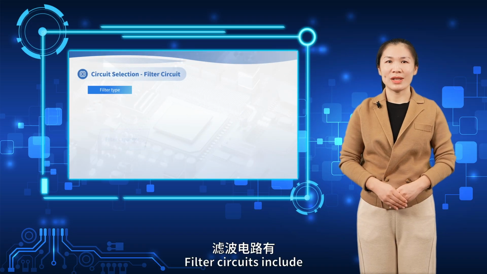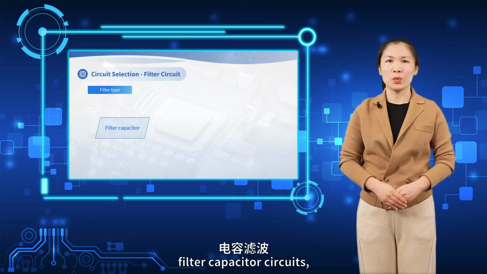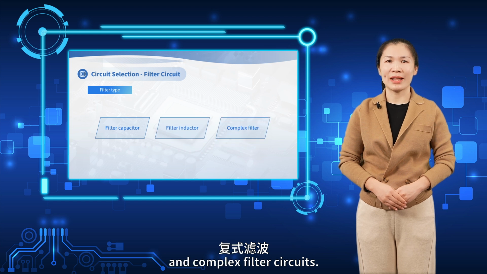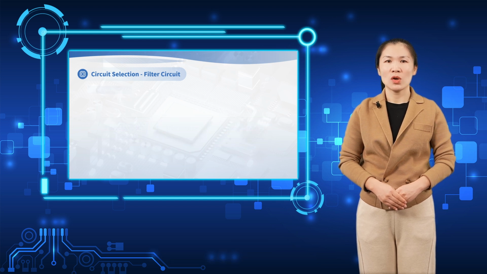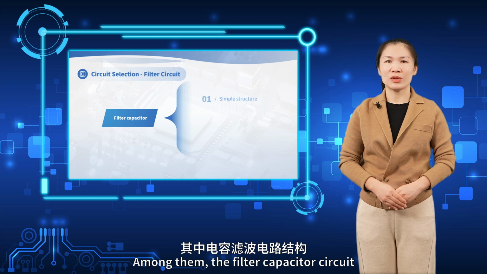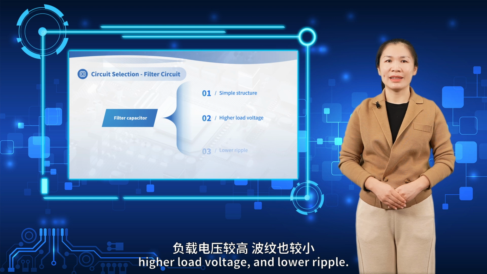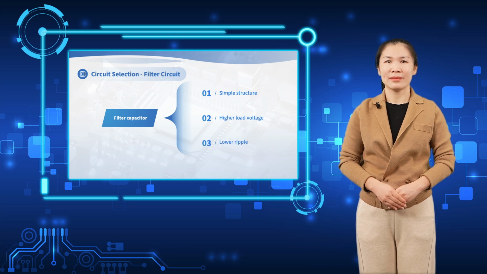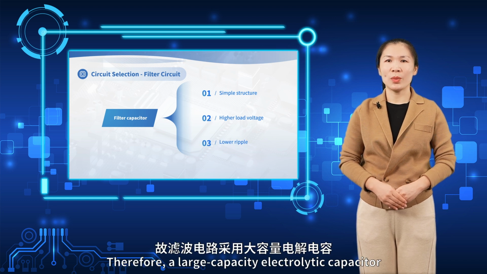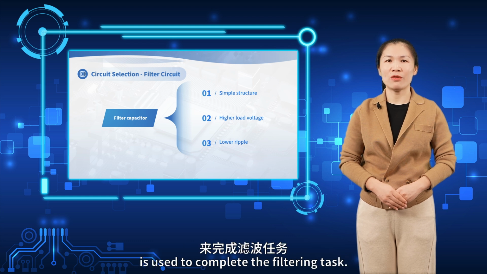Filter circuits include filter capacitor circuits, filter inductor circuits, and complex filter circuits. Among them, the filter capacitor circuit has a relatively simple structure, higher load voltage, and lower ripple. Therefore, a large capacity electrolytic capacitor is used to complete the filtering task.